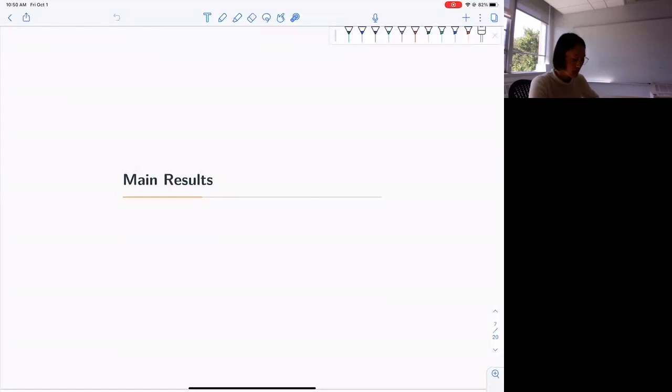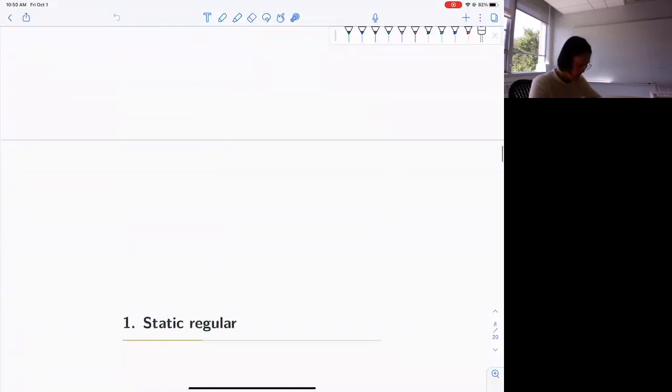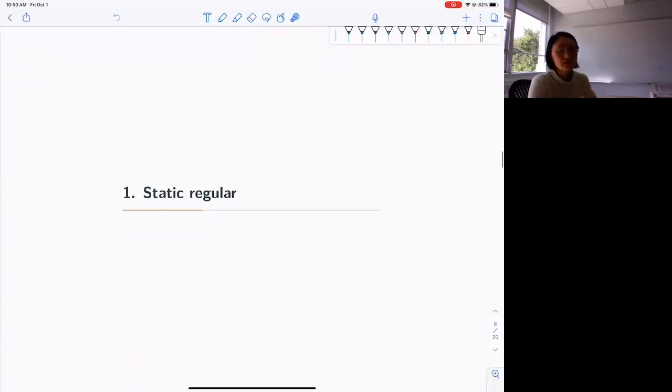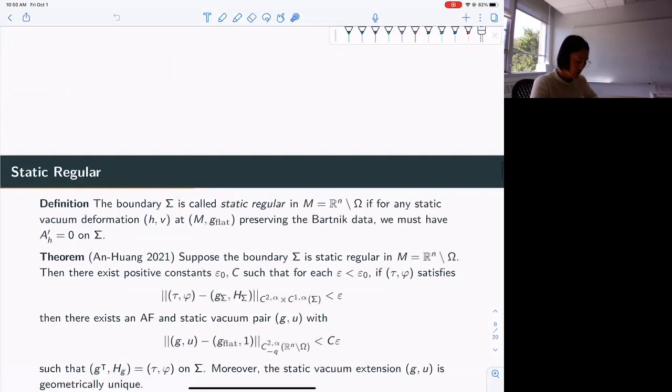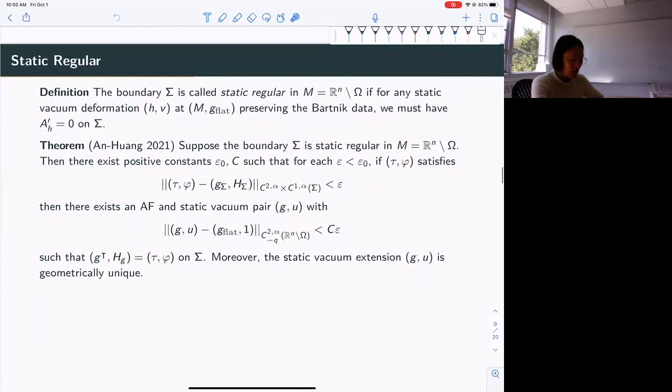So in order to introduce to you the main results in our paper, I would like to first discuss this concept called static regular. Okay, so here is the definition for static regular. Now in the following, we will always consider this manifold M as the exterior region in R^n.